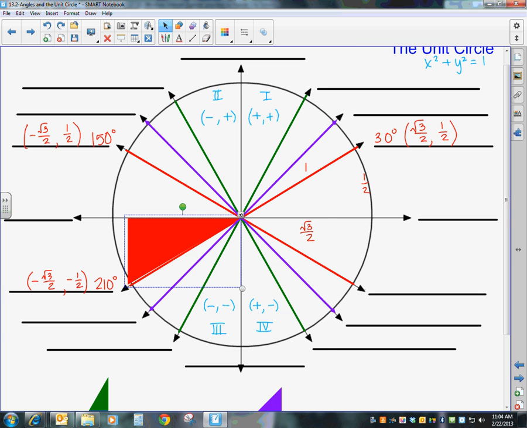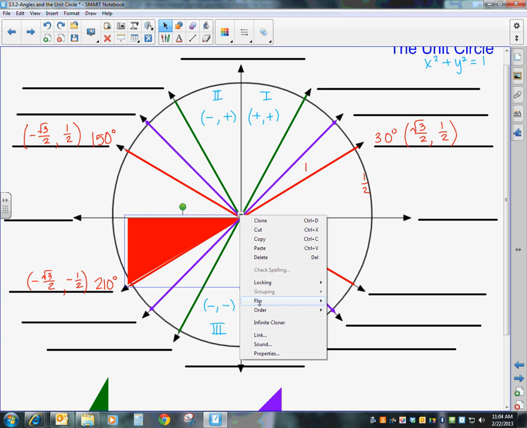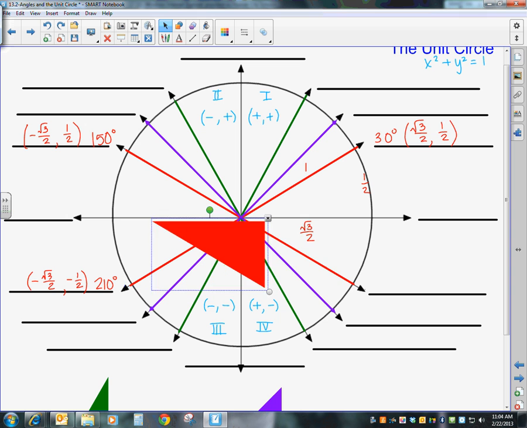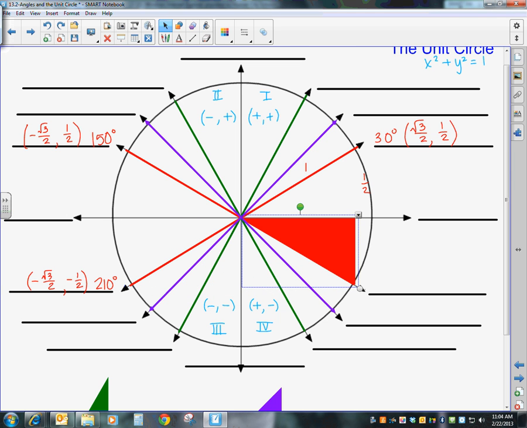And then if I take my triangle and flip it again, left and right, it'll slide right into the fourth quadrant position. And so I now have an angle that is 30 degrees before a complete rotation. So that's 360 minus 30, which is 330 degrees.